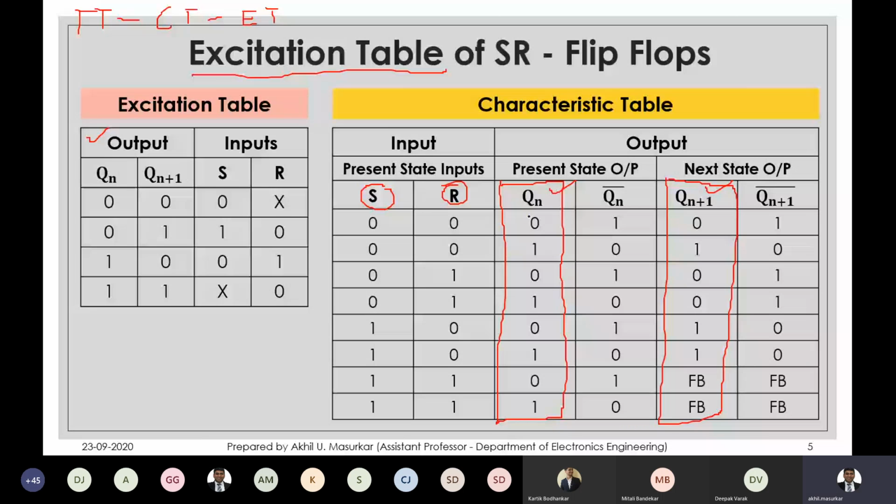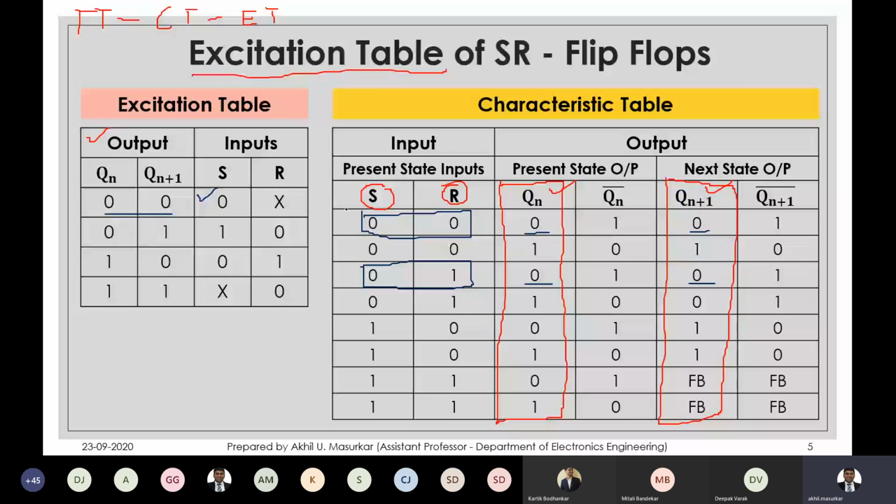If you look at these two terms carefully, even if Qn and Qn plus 1 are 0, 0, S is always 0, but R can be either 0 or 1.